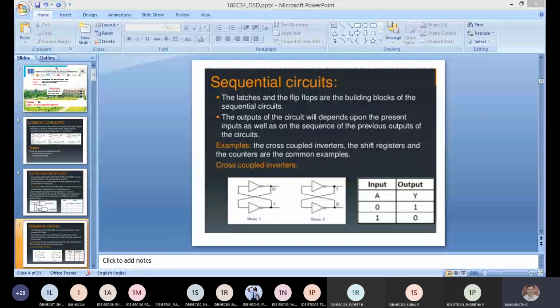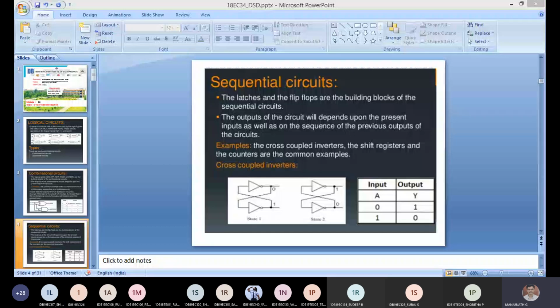Is it fine? This is the alignment part. Am I done till here? Is it fine here? Yes, sir.